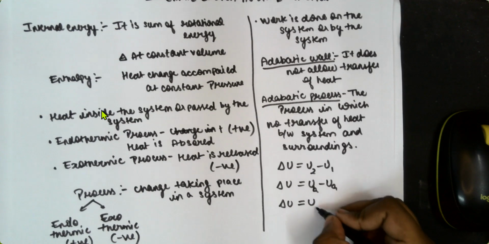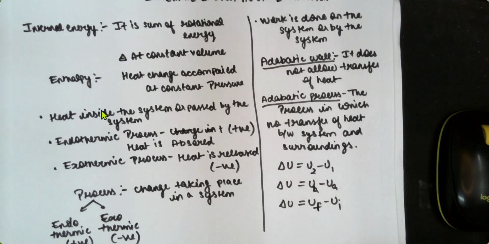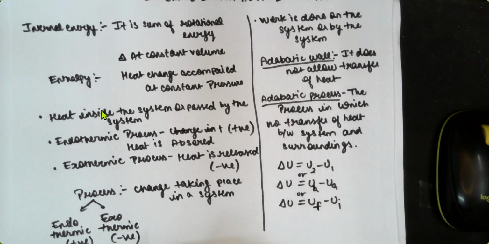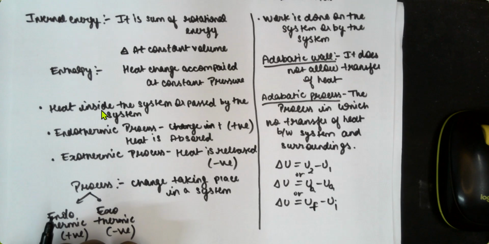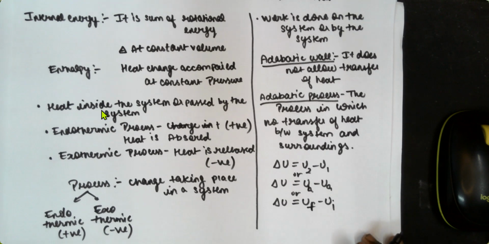Therefore delta U is equal to U2 minus U1, that is equal to the work done in an adiabatic system. So this is called adiabatic work. When adiabatic work is positive, the work is done on the system.